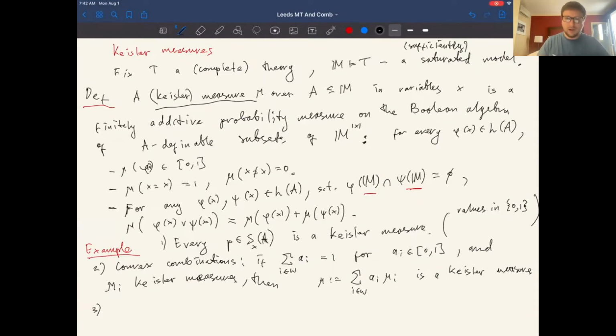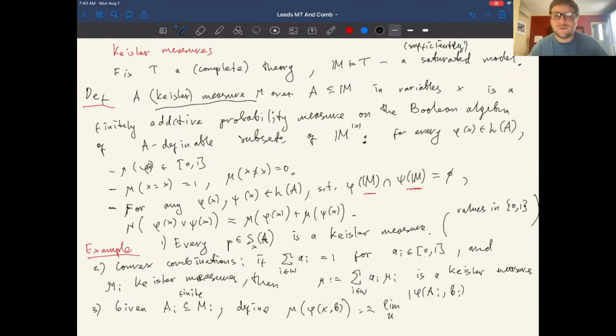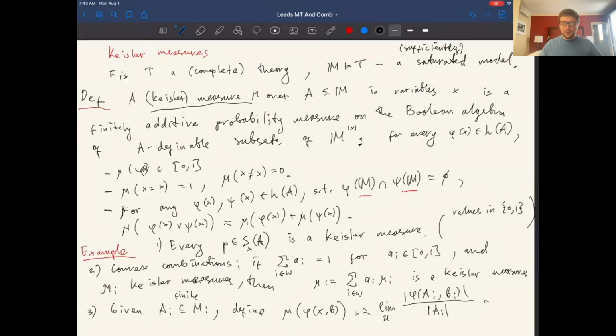Namely, given A_i contained in M_i finite sets, the same setup as we had on the first slide, we can define mu of phi of x, b to be the ultralimit of the cardinalities of the set of realizations of phi of x, b_i in A_i, normalized by the cardinality of A_i.